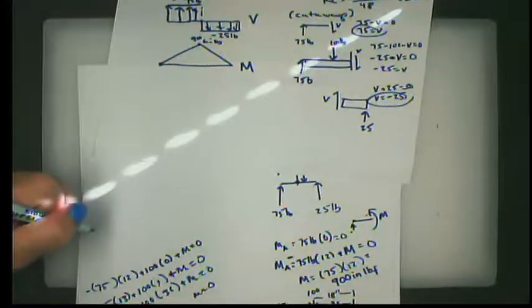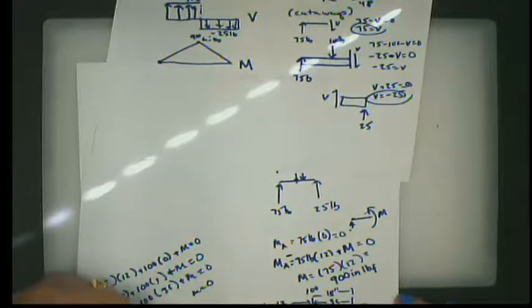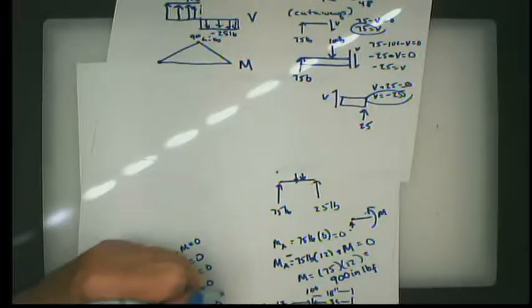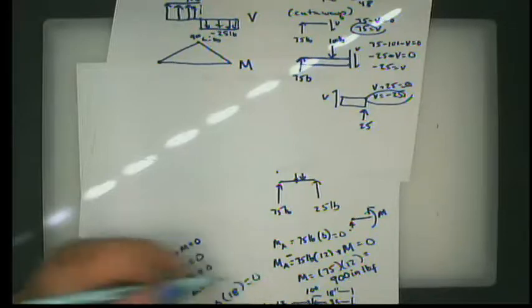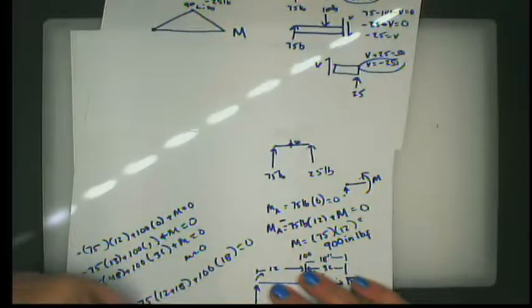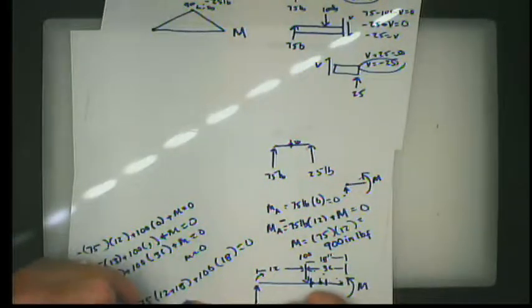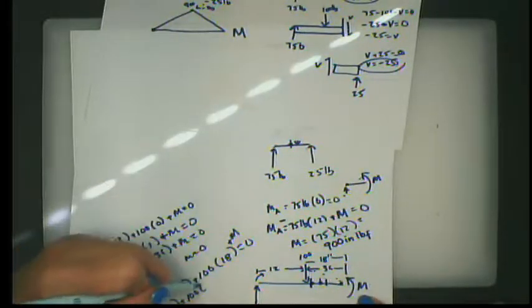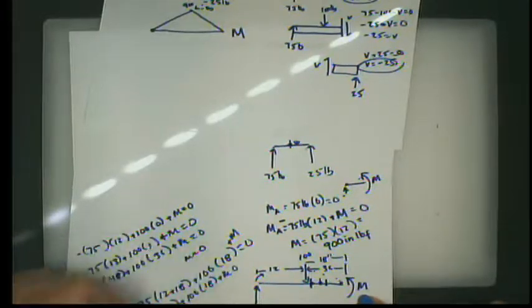Right? So if I were right in the middle, I would have 75 times 12 plus 18, producing a negative moment, plus 100 times the moment arm of 18 equals 0. So I have minus 75 times 30, plus 100 times 18 plus m equals 0.